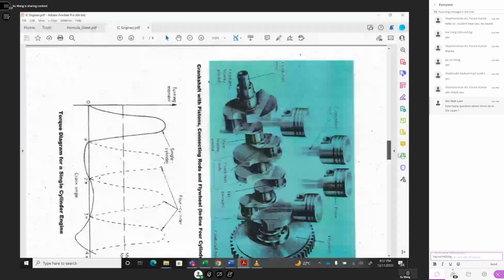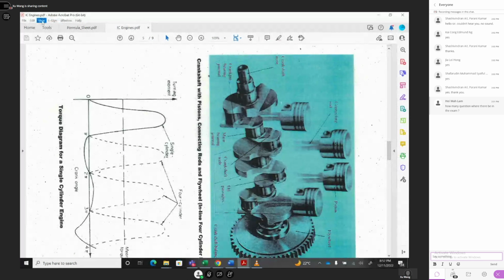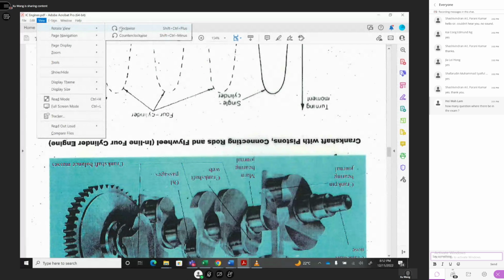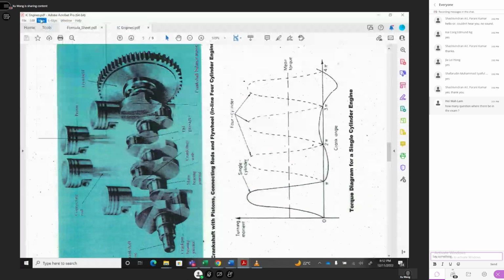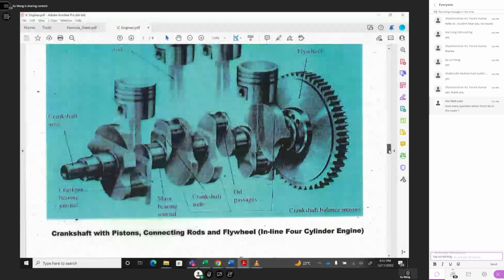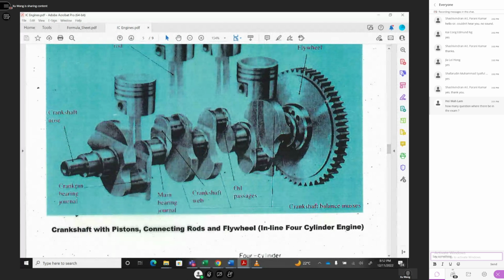Okay, and then how is the configuration of the four-stroke and two-stroke engine? Let's look. This will be the flywheel. The flywheel smooths out fluctuation of the output torque. And this is the crankshaft, and this is the crank balance mass.